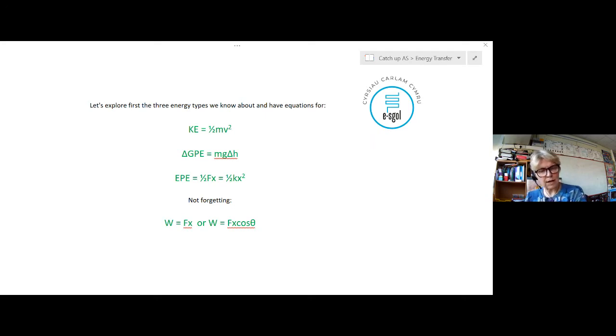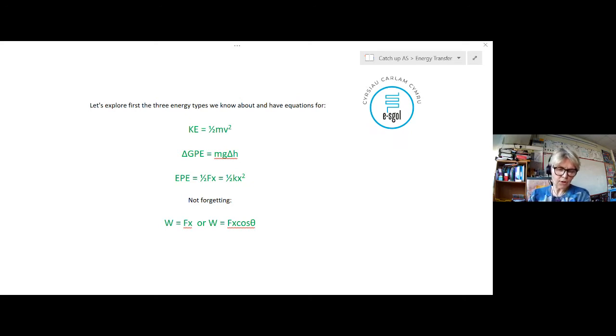So we've got kinetic energy, half mv squared: half the mass times the velocity squared, or you can work out mass times velocity squared and half the whole lot. Gravitational potential energy, often shown as a change in gravitational potential energy, which is why that triangle is there, equals mass times gravitational field strength times the change in height.